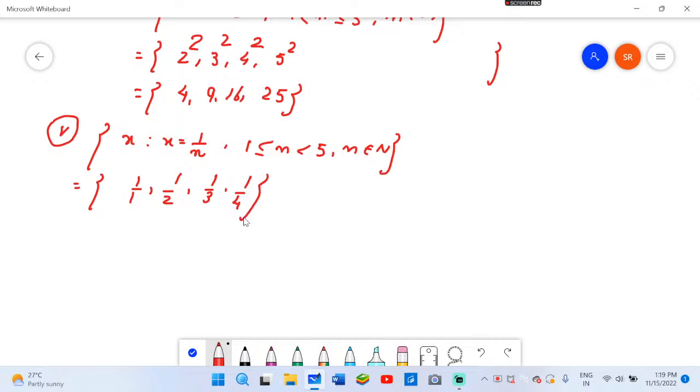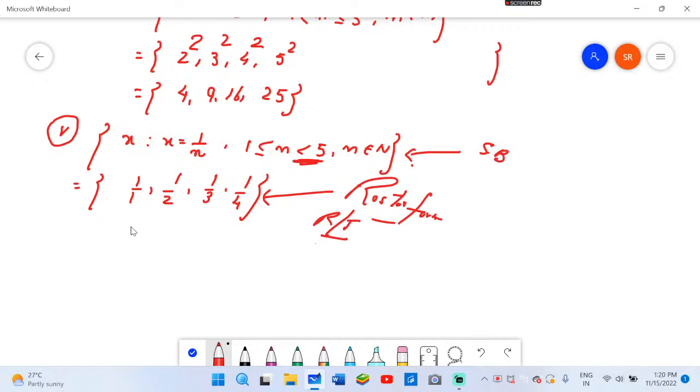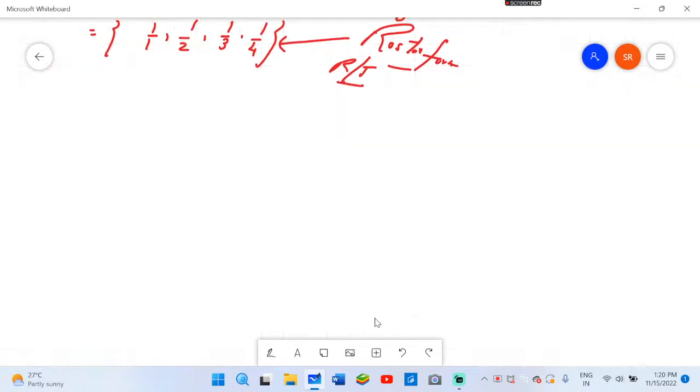That's all. Here it is given that n is not equal to 5. We stop here only. So this was set builder form, and this is roster form or tabular form.